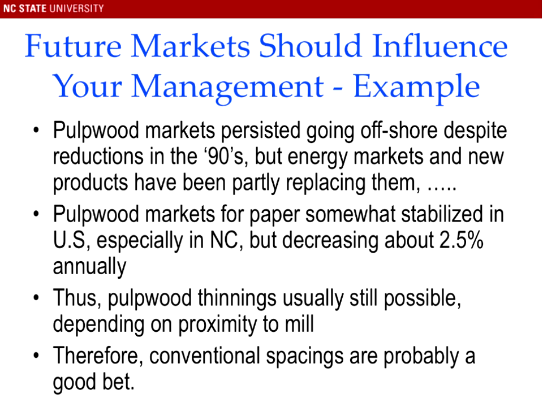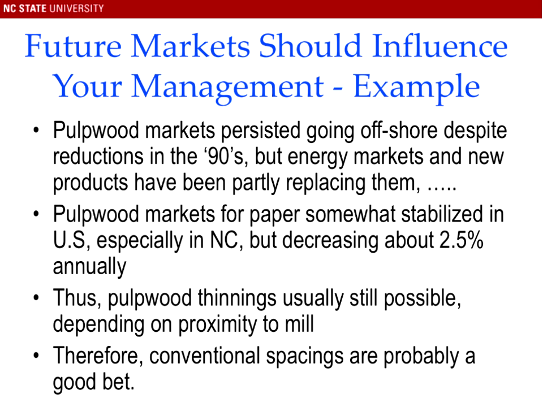So the markets for the intermediate thinnings that are done in plantations have actually, in some cases, improved despite a bit of a decline in the paper industry. So pulpwood markets for paper have somewhat stabilized in the U.S., especially North Carolina, but nationally they've been decreasing about 2.5% annually.